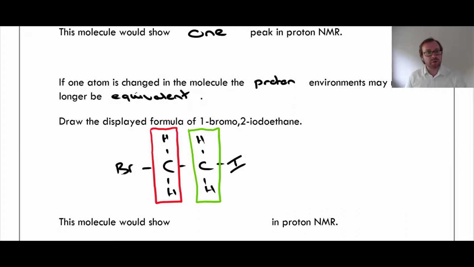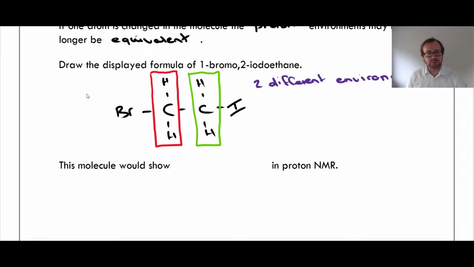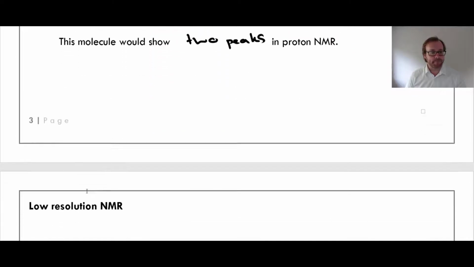So we have two different environments, as the molecule is now different on either side because we've changed one of the bromines. So this molecule would show two peaks in proton NMR. Okay, right, moving on.